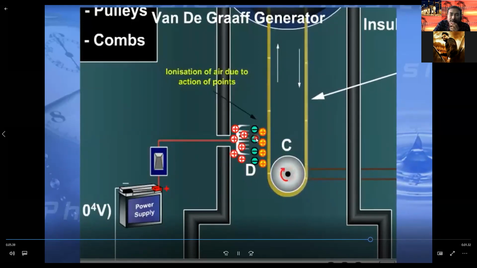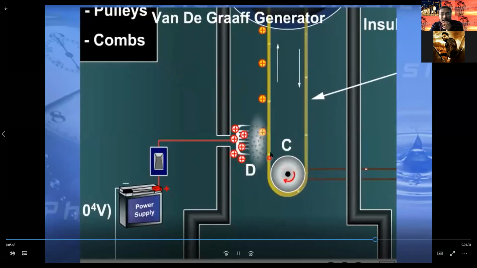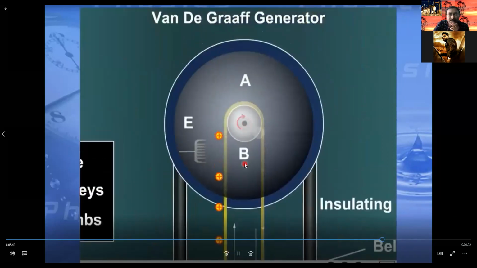The electrons are attracted towards the comb, and positive ions are repelled towards the belt and stick on like this. While the belt moves upwards, due to electrostatic induction on comb A, the negative charges appear like this.